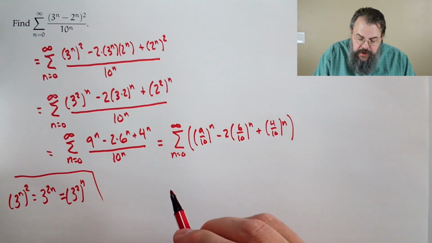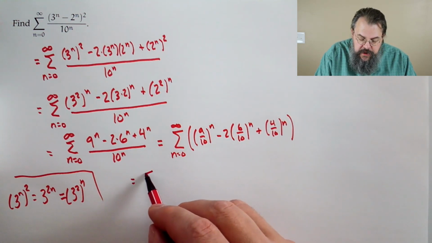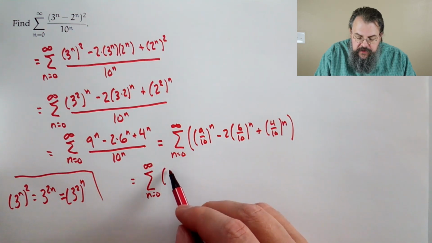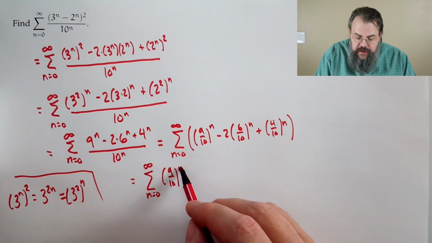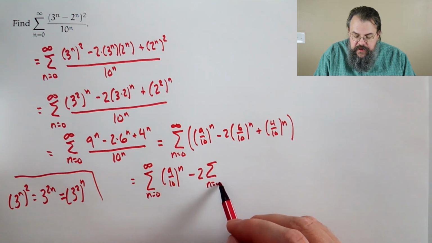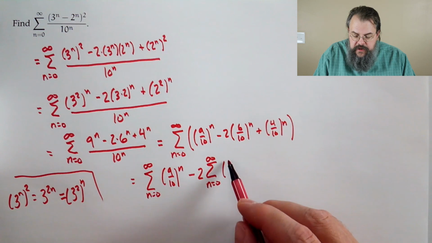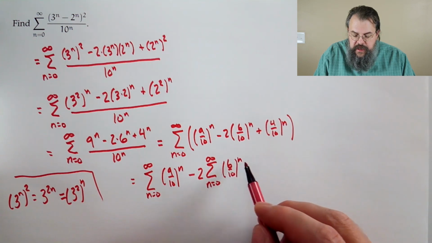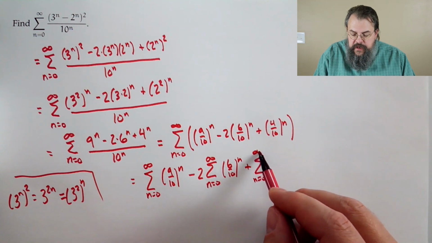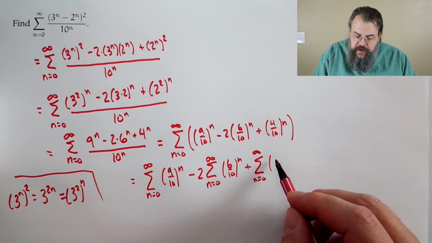All right, well, now break each one of these sums up. So you have the sum from 0 to infinity of 9/10 to the n. And then I can subtract 2 times the sum from 0 to infinity of 6/10 to the n, and then add the sum from 0 to infinity of 4/10 to the n.